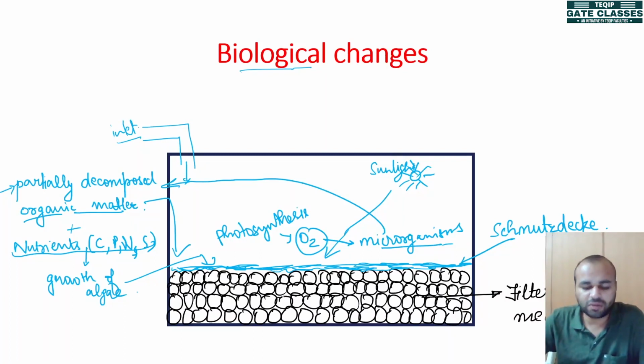Okay, now as this layer gets thickened, what we see is that the particles at the lowermost part start to die. The algae and the microorganisms present in the lowermost section start dying. Why? Because nutrients are not able to reach them, the algae cannot generate oxygen, and photosynthesis cannot happen because sunlight does not reach the lowest layer.